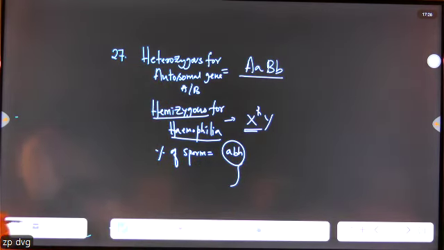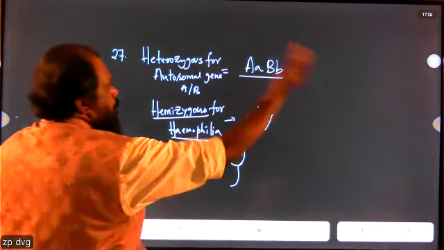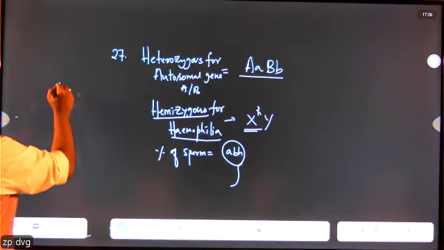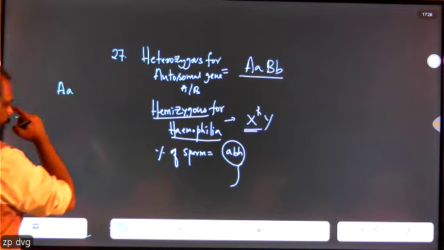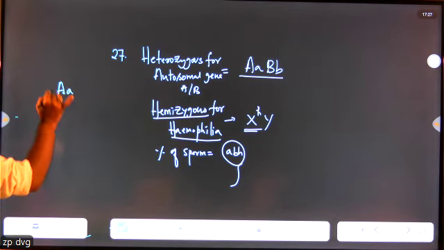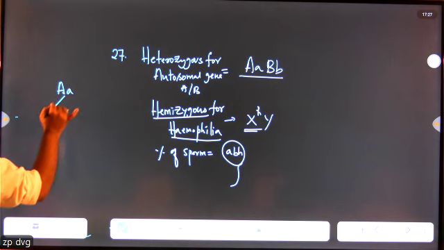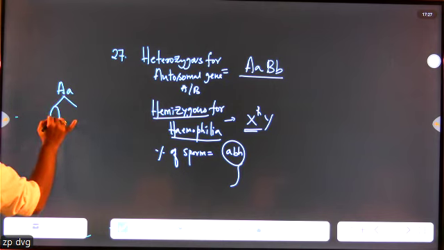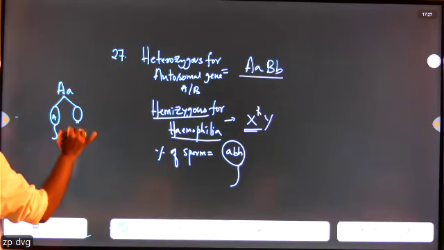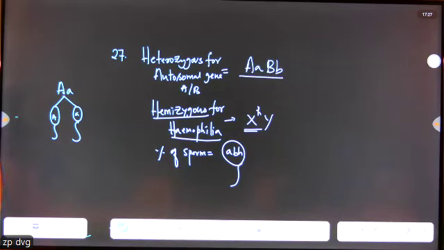Now how to solve it? Simple way: solve each gene separately. For example, capital A, small a. Imagine this produces two sperms, correct? One will have A, the other will have small a. So what is the percentage of sperm having small a?